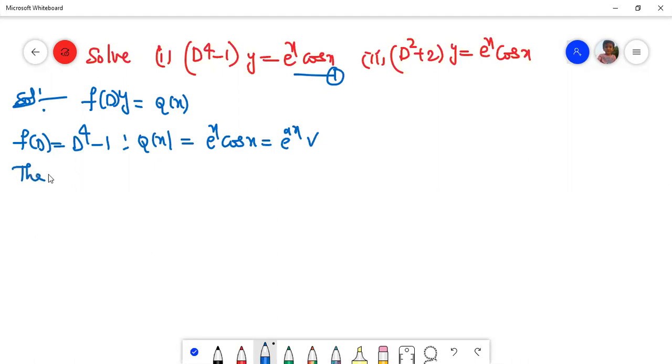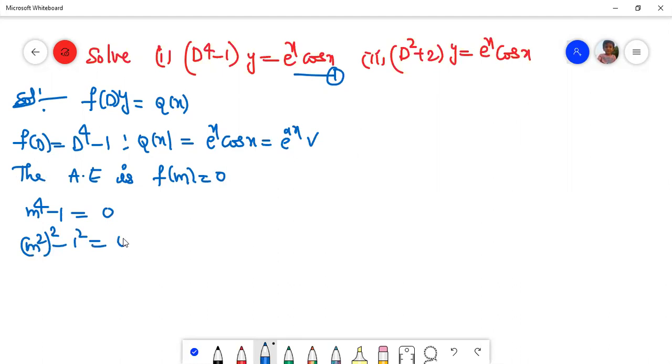First, to find the complementary function using the auxiliary equation, f of m is equal to 0. Here D is replaced with m: m power 4 minus 1 equal to 0. It is in the form of a square minus b square, so we can write a plus b into a minus b, that is m square minus 1 into m square plus 1 equal to 0. From this, one factor is m square minus 1 equal to 0, that is m square equal to 1.